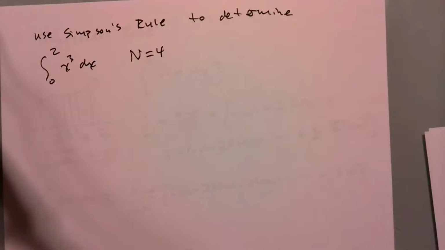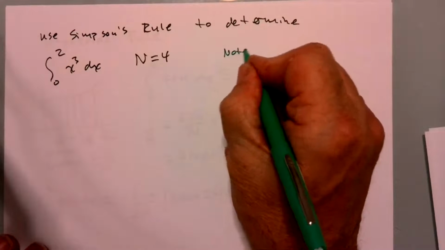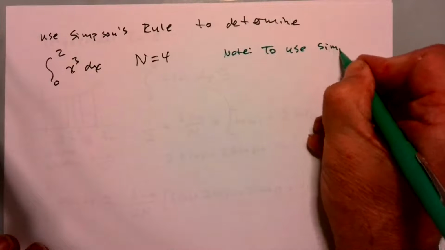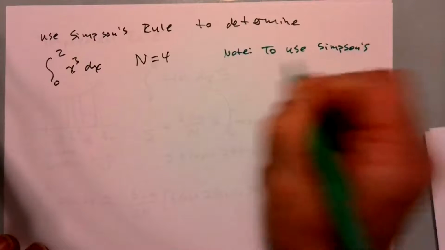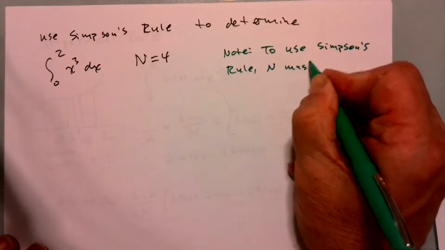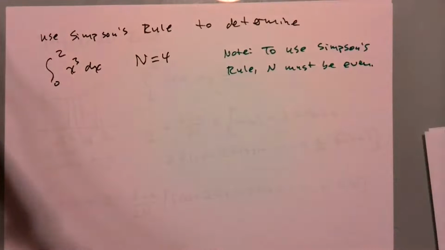Note, on Simpson's rule, n must be even. Four is certainly even, so that's a way for us to go.